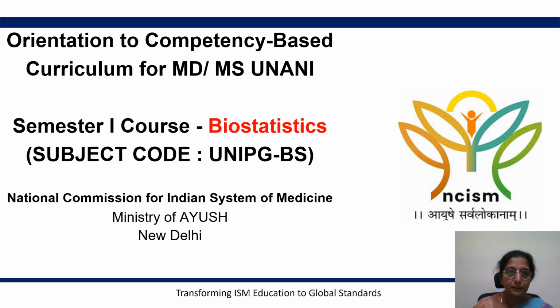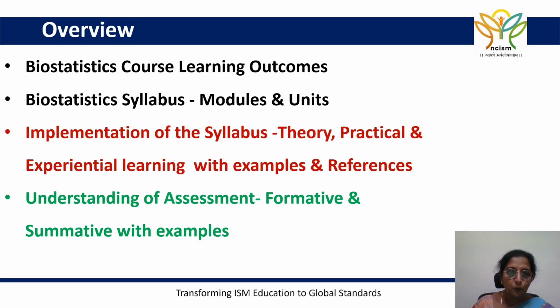Hello everyone, welcome to Orientation to Competency Based Curriculum for MD/MS Unani first semester course Biostatistics, subject code Unipg-Bs. The overview of the entire course consists of biostatistics course learning outcomes, biostatistics syllabus with all modules and units, implementation of the syllabus, that is in theory, practical and experiential learning with examples and references.